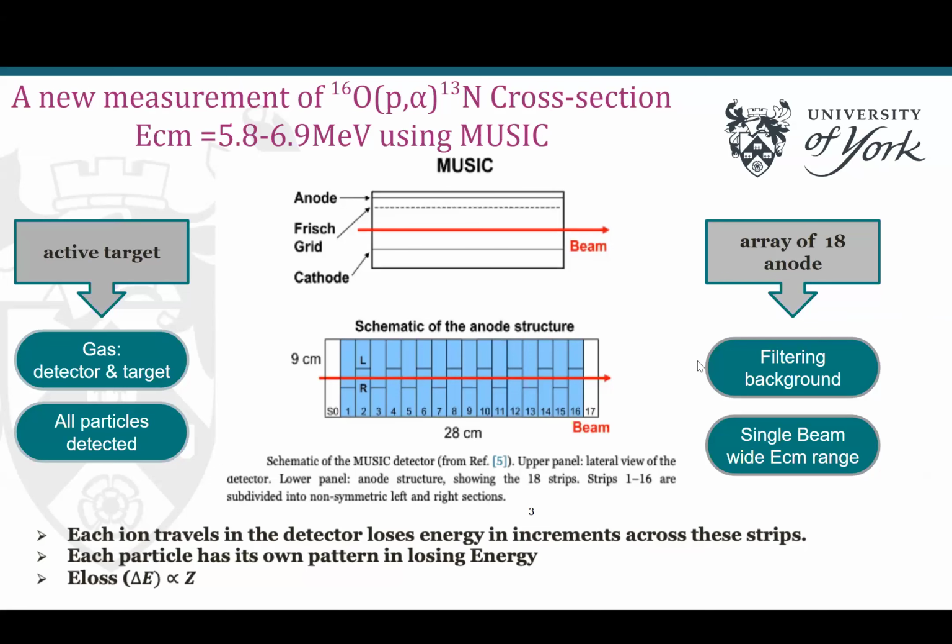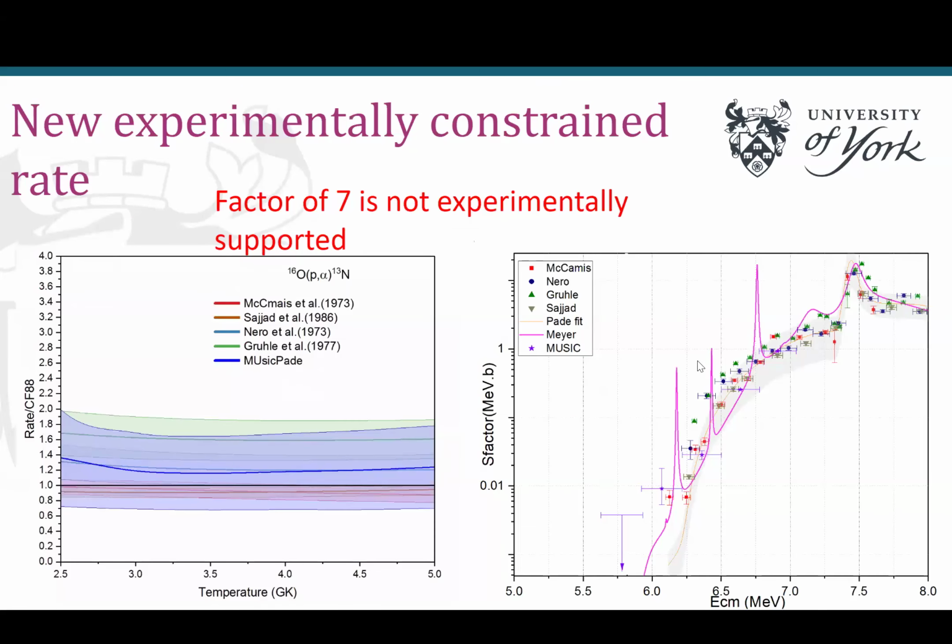And this is our new cross-section, which was lower than other experimental data. By using the new cross-section measurements, we were able to calculate a new reaction rate with constrained uncertainty.